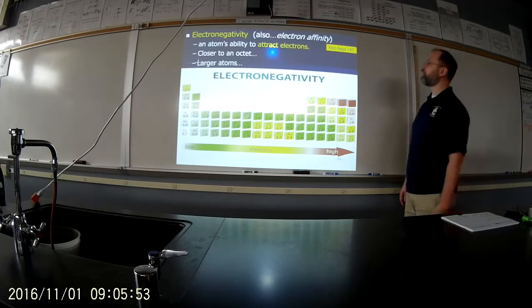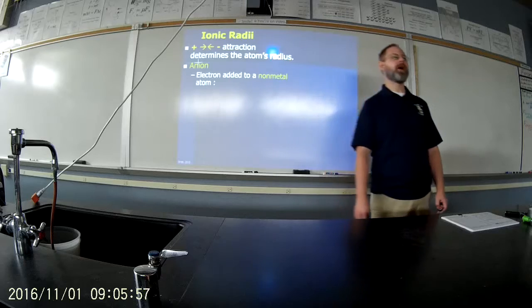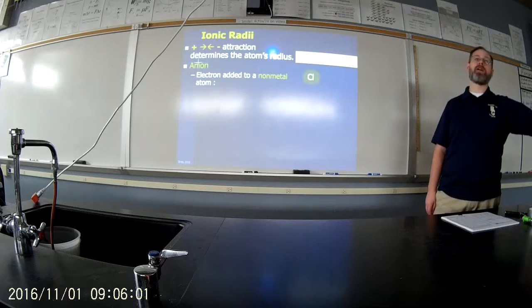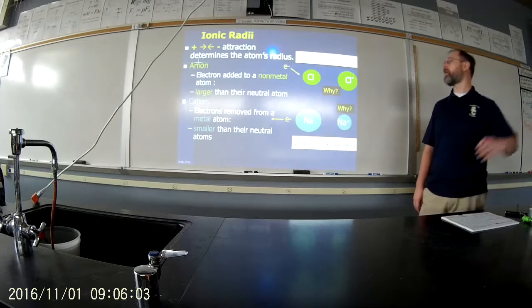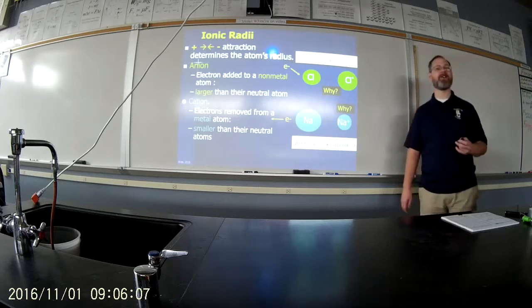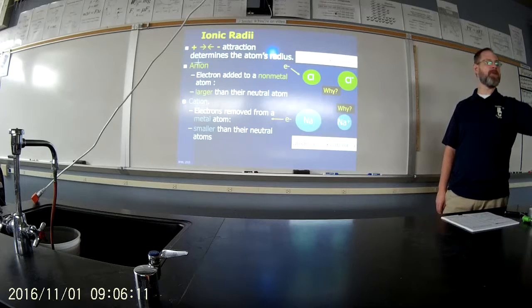Okay. So then we talked about ionic radii, and we remember that we have anions, which are negatively charged ions, and they are always larger than their neutral atom, and cations, which are smaller than their neutral atom, because, well, why? Why does this happen?